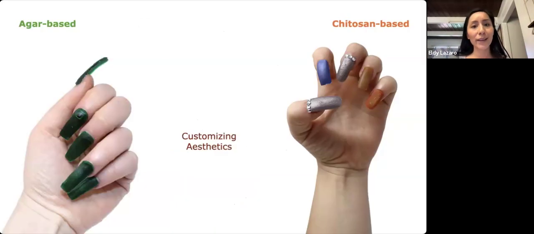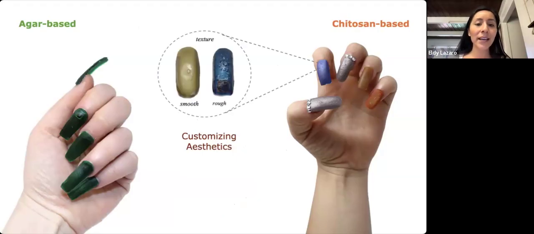So as a way of customizing aesthetics, something that we noticed for chitosan-based nails was that we can get smooth surfaces when we remove all the air bubbles that are in the bioplastic liquid or mixture.